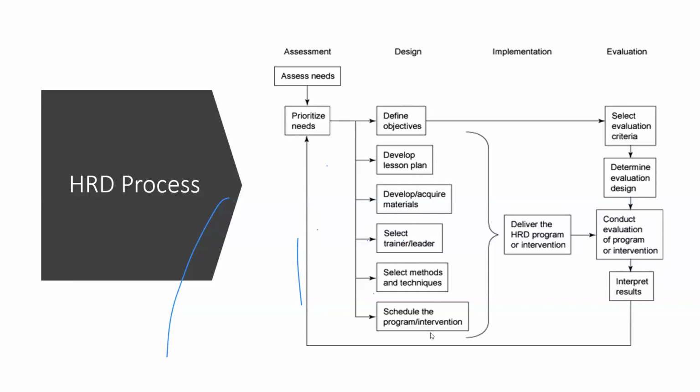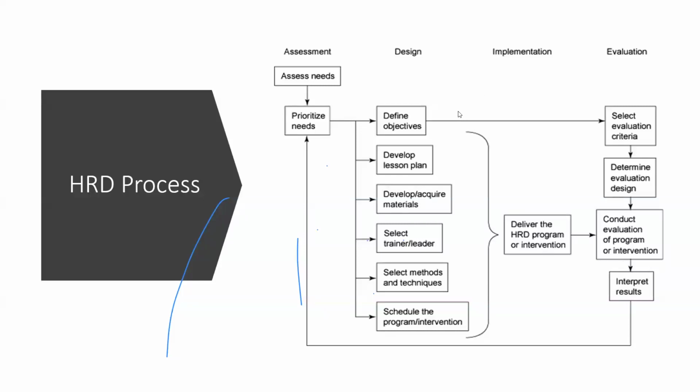So this is the entire HRD process by which you can start an HRD program, design it, implement it, and finally evaluate it. So this is the way you can do an HRD intervention, right?